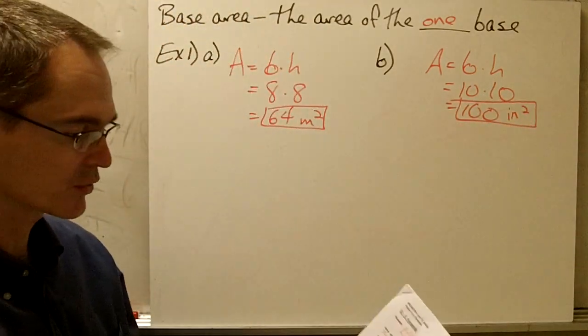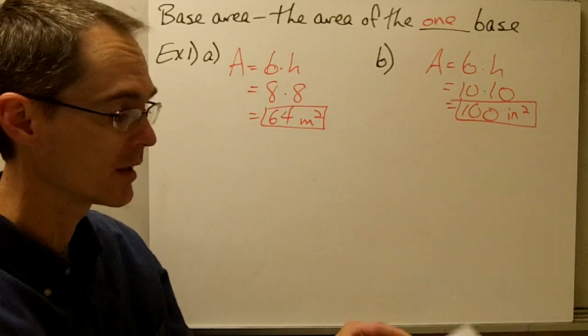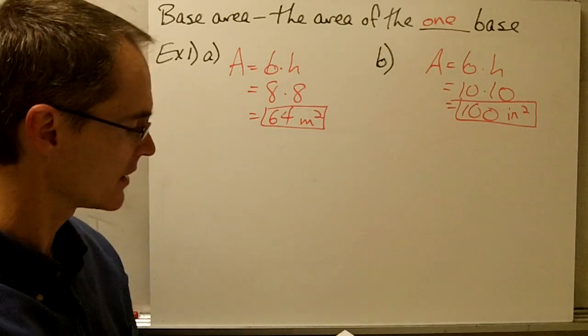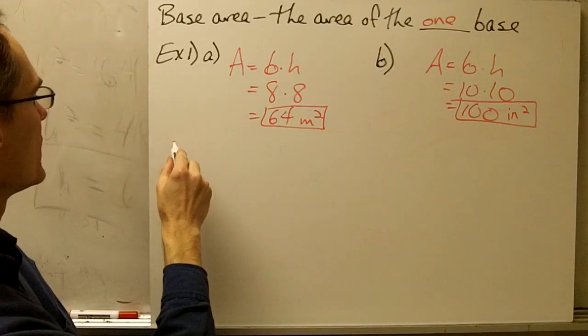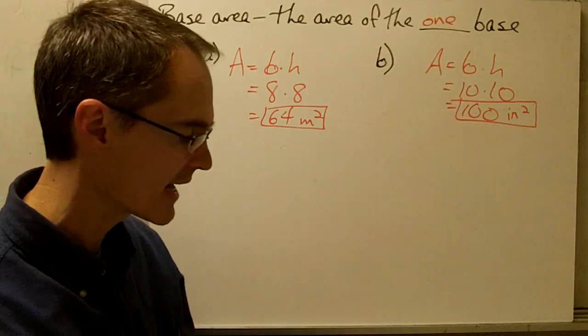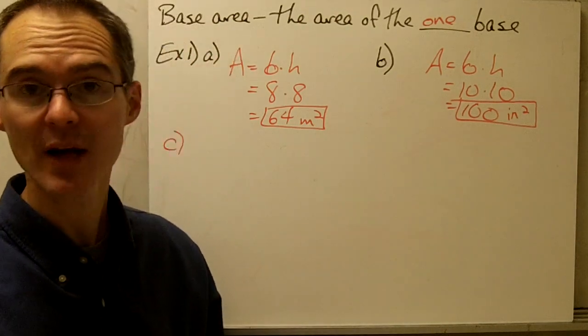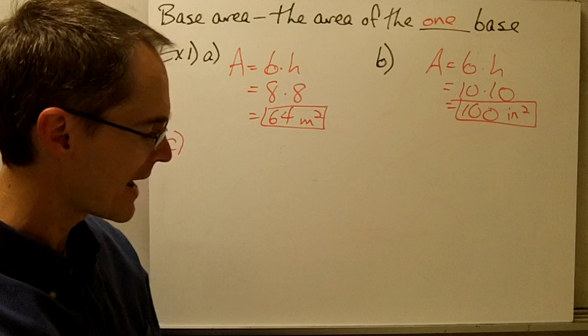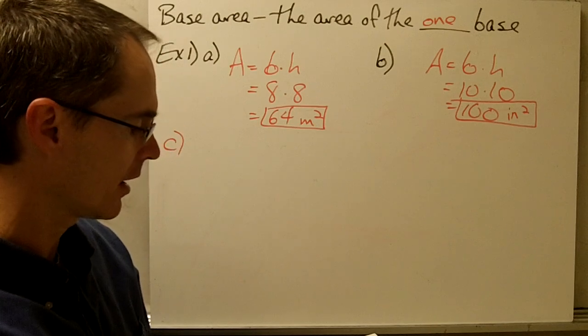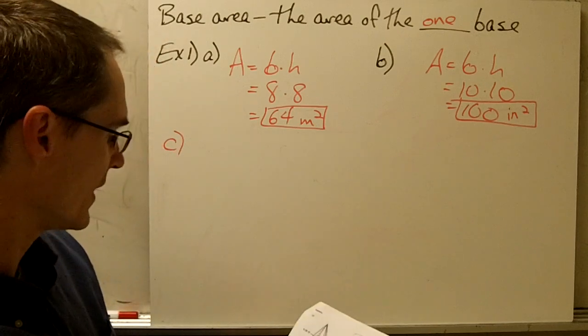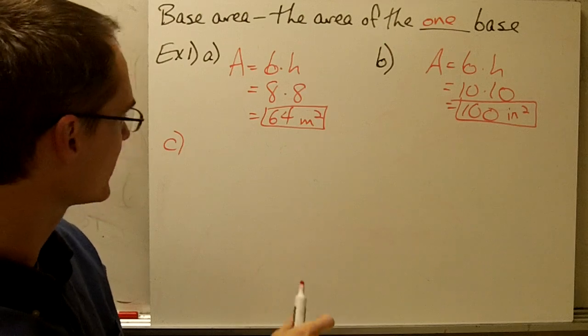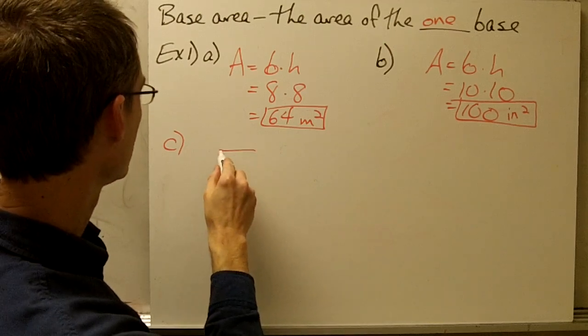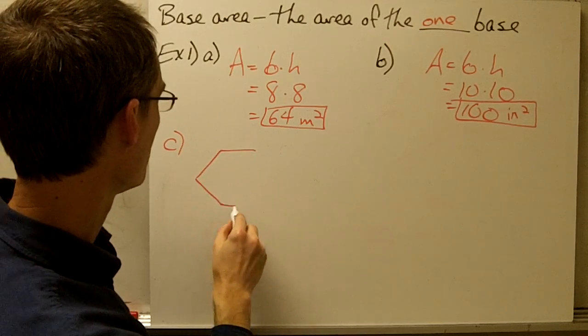All right, so that was fairly straightforward. When I've got a square pyramid, my base is a square, so that's fairly easy to calculate. In example 1C, I've got a hexagonal pyramid, so I have to calculate the area of my hexagonal base. Well, in this case, because of the information that I'm given, let me go ahead and draw out my hexagon here.